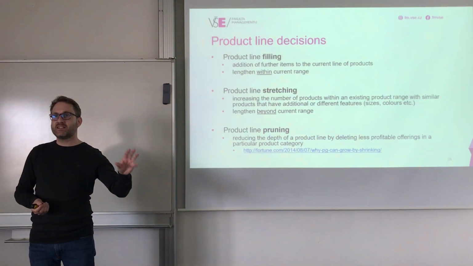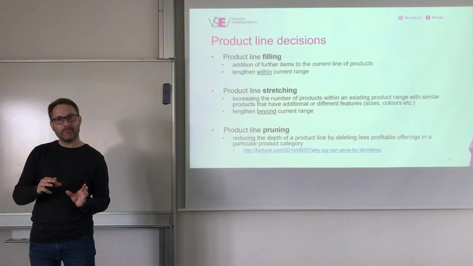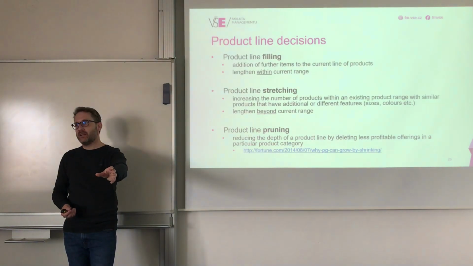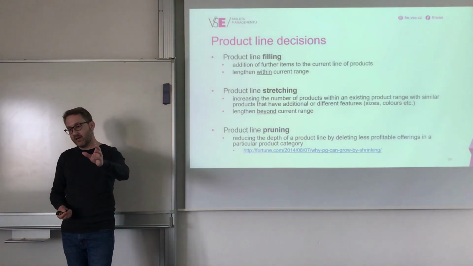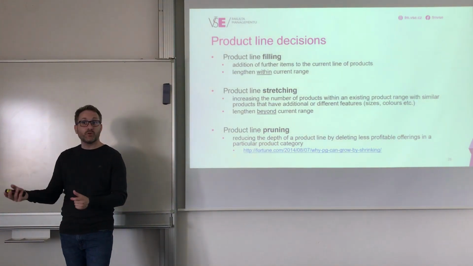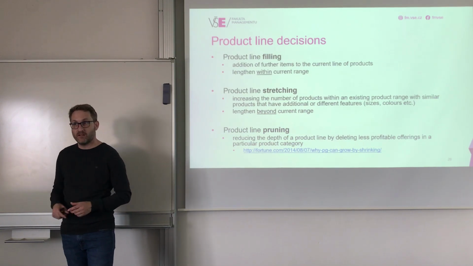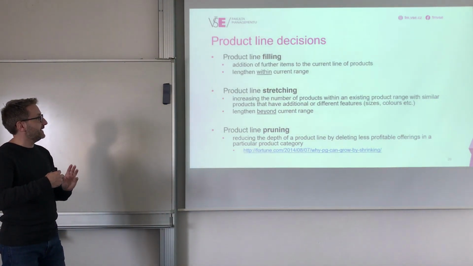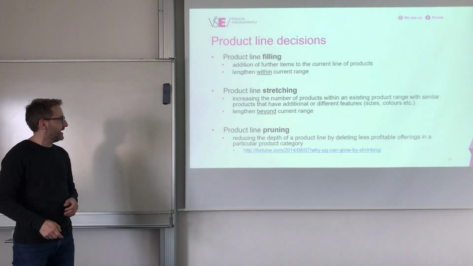Like if you are selling non-alcoholic beers, you can add some other taste. Like you are selling orange non-alcoholic beer, so you can create apple non-alcoholic beer or something like that. Okay, so this is lengthening or stretching the line of products you have.